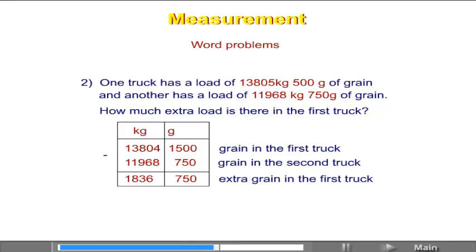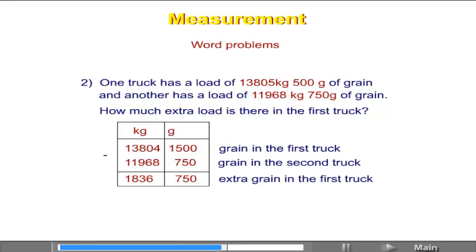Thus, 500 grams will now become 1500 grams and 13,805 kilograms will now become 13,804 kilograms. If we subtract 750 grams from 1500 grams, we get 750 grams.